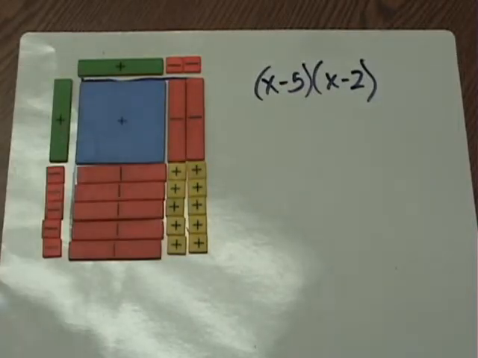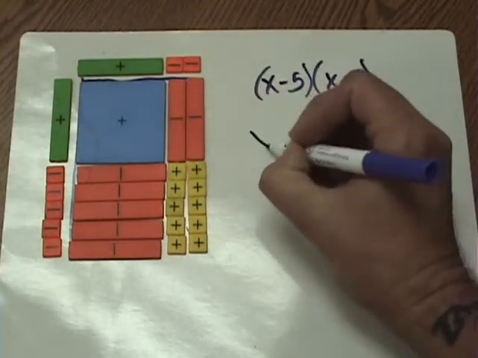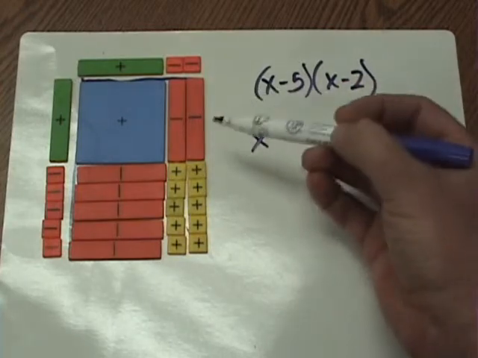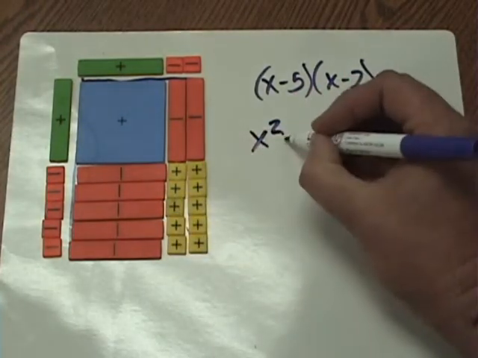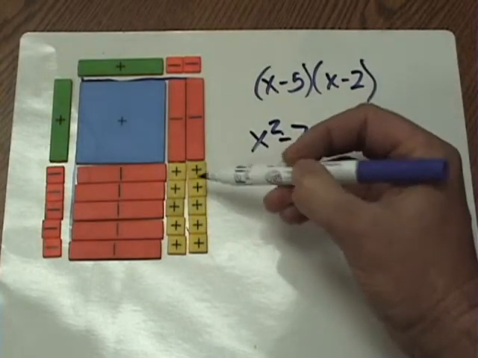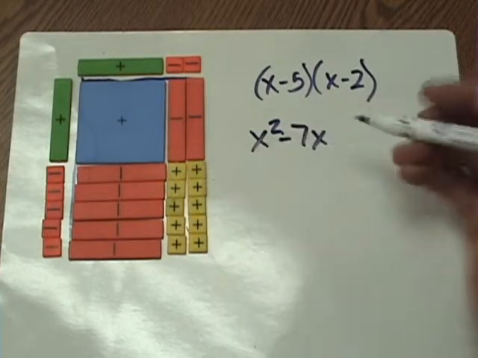If we count it, what we have is 1 x squared, and then all these negative x's, which is 1, 2, 3, 4, 5, 6, 7. And then these positive ones, which is 1, 2, 3, 4, 5, 6, 7, 8, 9, 10.